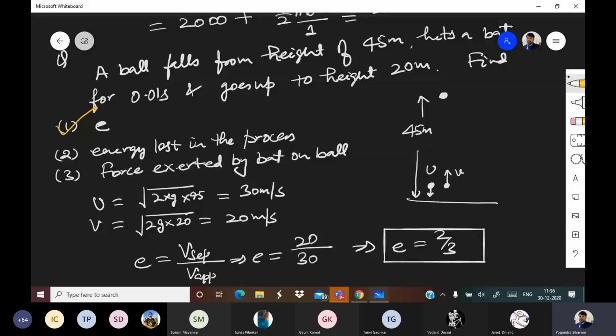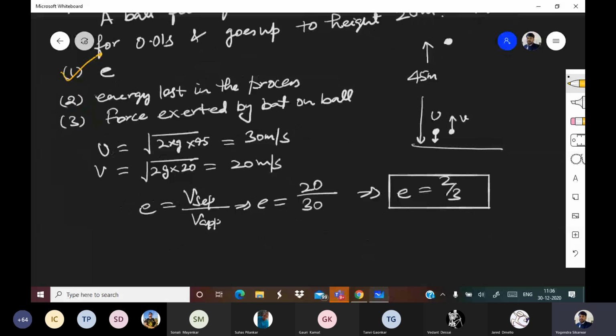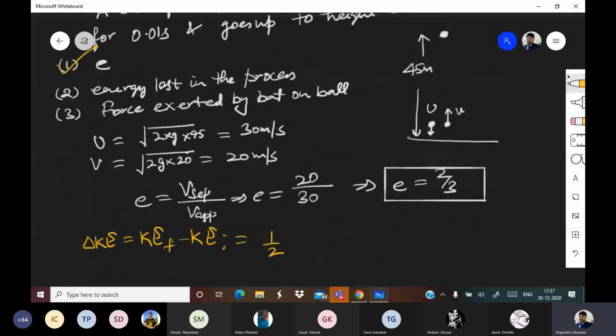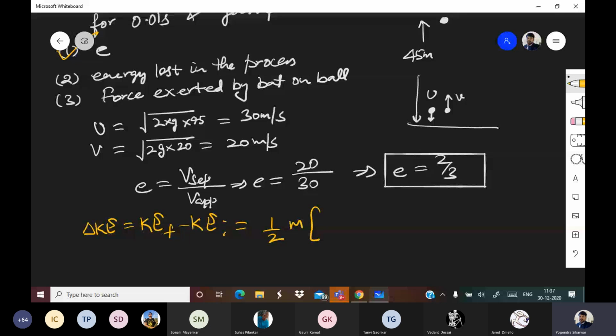Then comes energy lost in the process. Simple, final kinetic energy minus initial kinetic energy. So delta KE is equal to KE final minus KE initial. So half into M, M is M. V final is 20 square minus V initial is how much? 30 square.